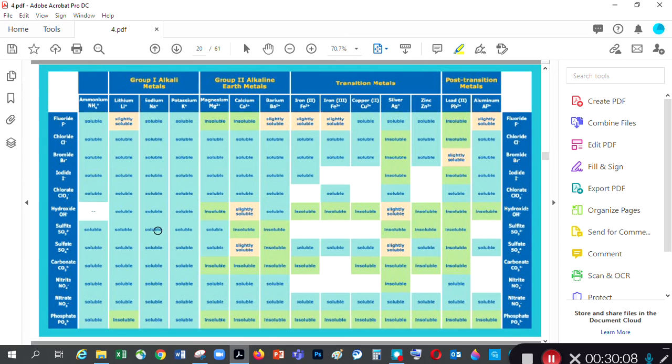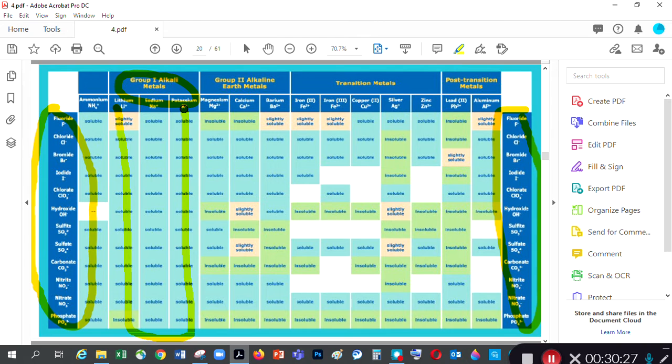Here is a very nice table. It's very comprehensive. So here on this side we put all the anions, correct? And here we put the cations, group 1A, all those here, group 1A. Here, correct, group 2A.